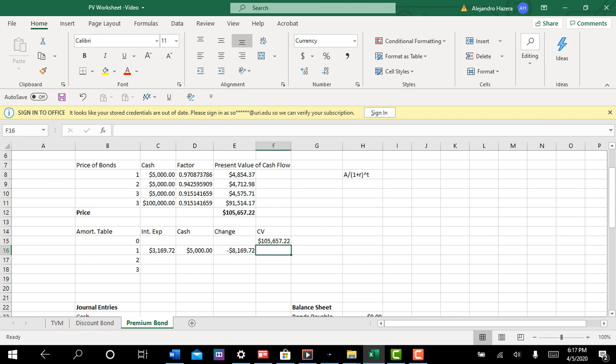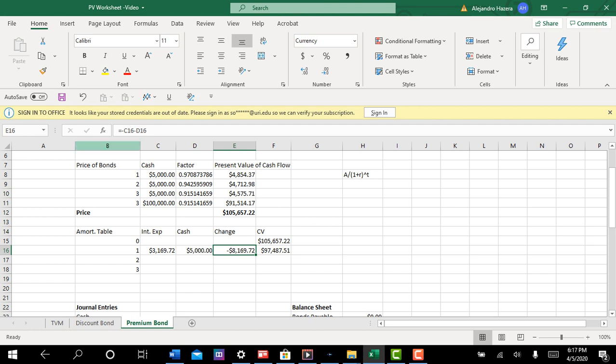So this is going to be equal to 105, and we can add the change, which is negative. So our new carrying value is... something isn't wrong there.